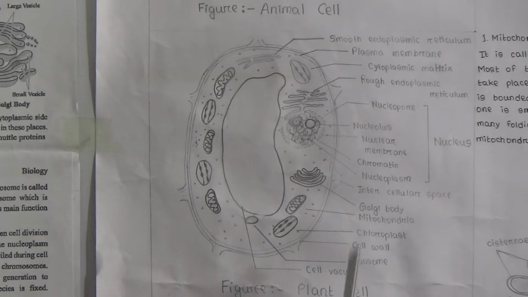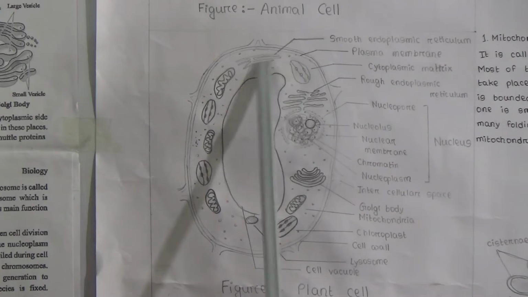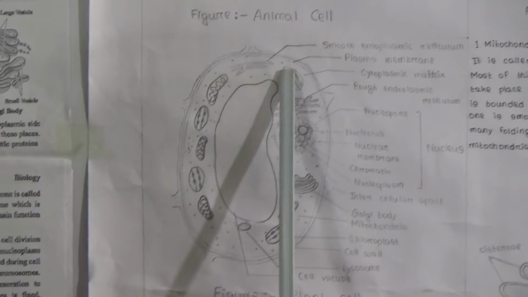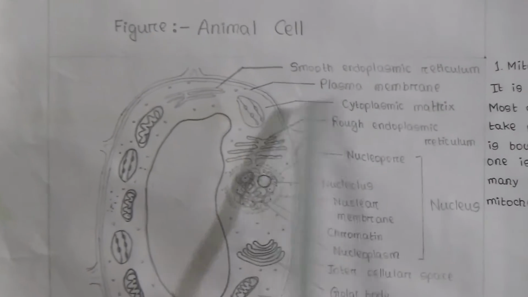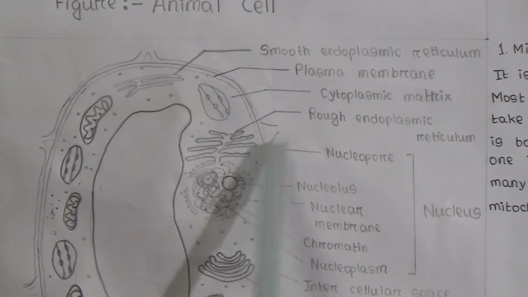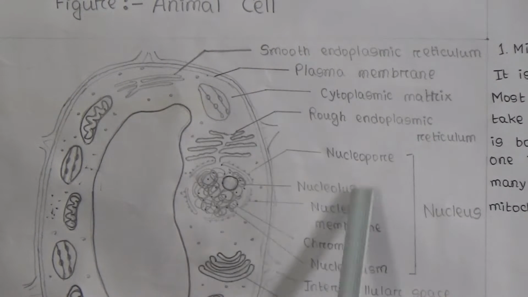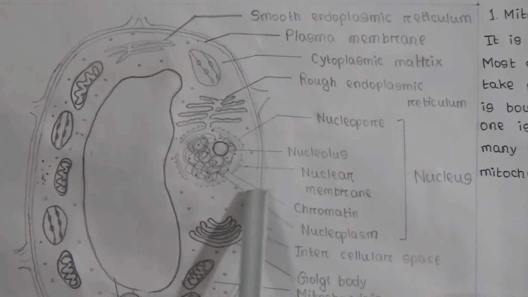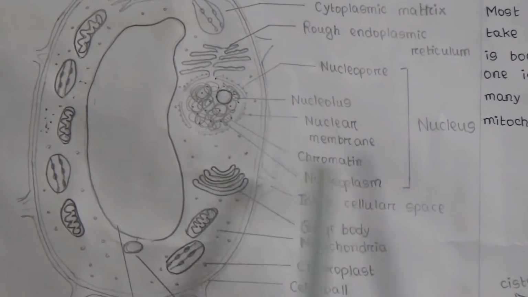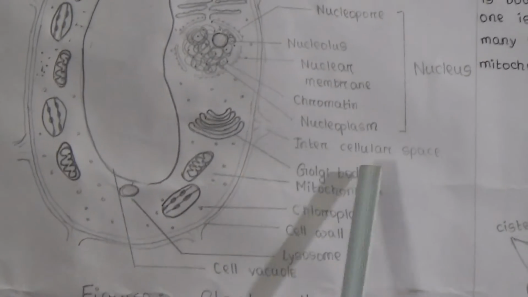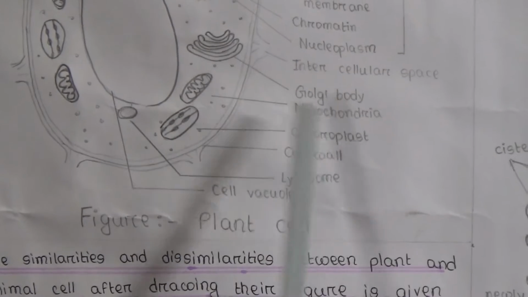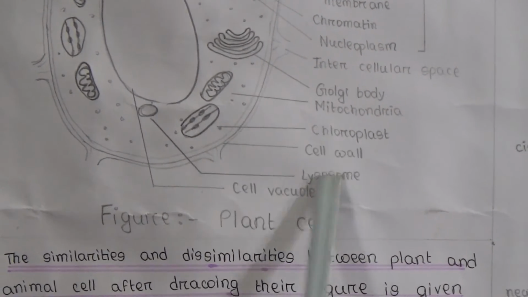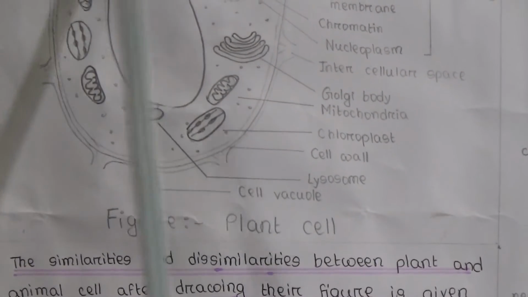Now we read the cell organelles of a plant cell: smooth endoplasmic reticulum, plasma membrane, cytoplasmic matrix, rough endoplasmic reticulum, nuclear pore, nucleolus, nuclear membrane, chromatin, nucleoplasm, intercellular space, Golgi body, mitochondria, chloroplast, cell wall, lysosome, and cell vacuole.